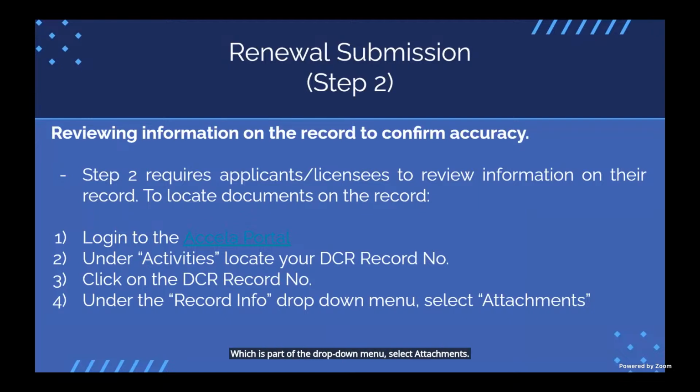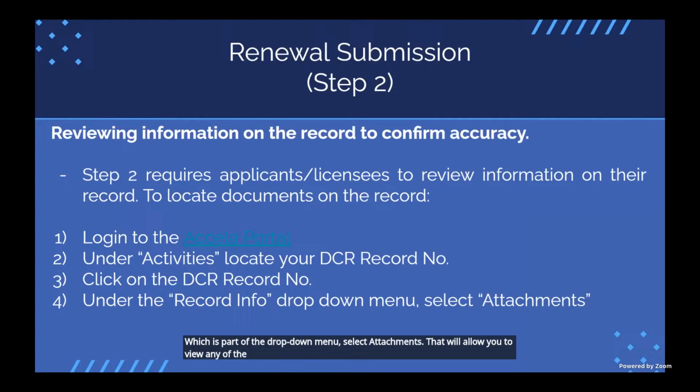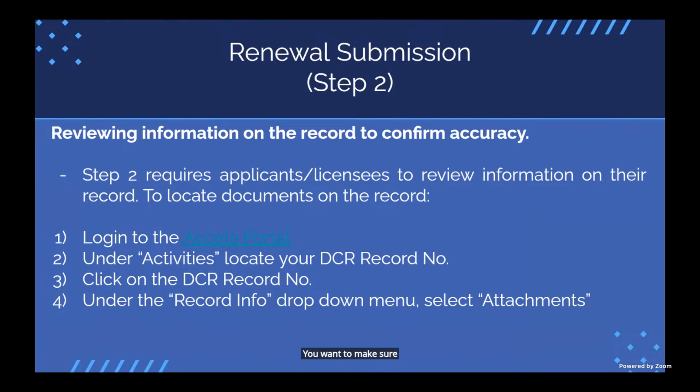That will allow you to view any of the documents that are attached to your record. You want to make sure that the documents that are required to renew are either up to date and on the most current version of the form, or you will have to submit an updated version of that document as part of the renewal process.